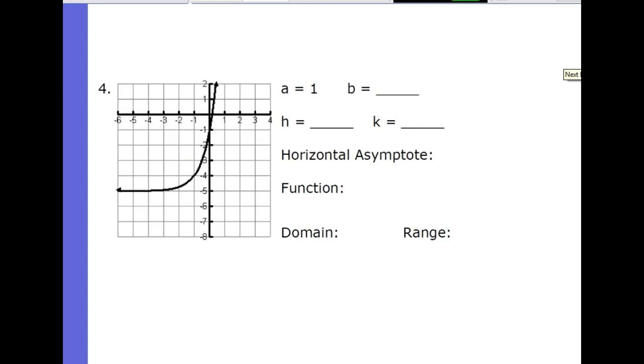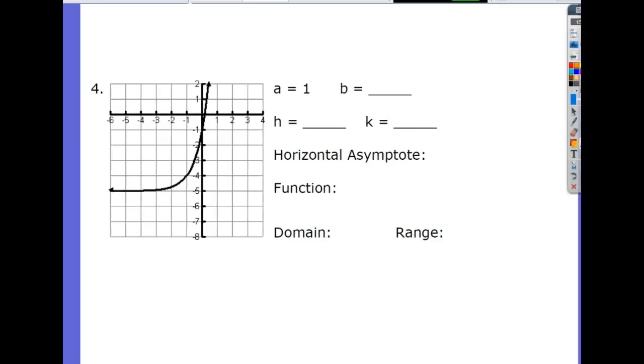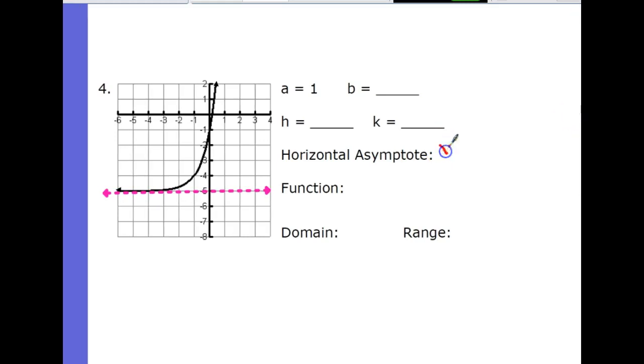Example number 4. Where is the asymptote? The asymptote is at -5. It has been moved down 5 because the parent graph has an asymptote at 0.